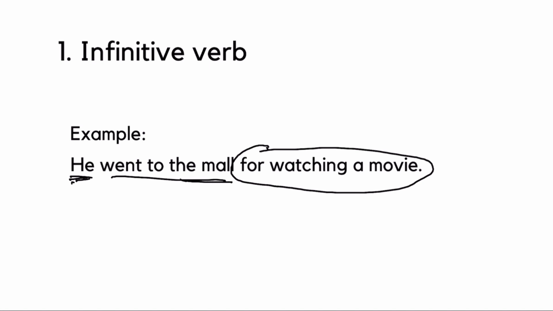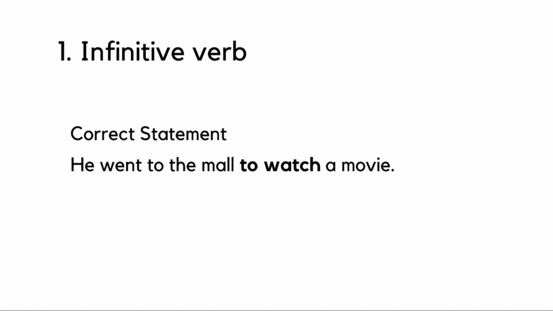When that is the case, we need to use the infinitive verb. So instead of for watching, we would say he went to the mall to watch a movie. As you can see, the correct statement is he went to the mall to watch a movie.